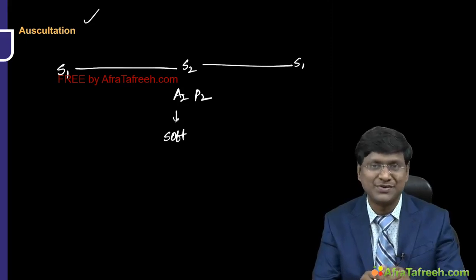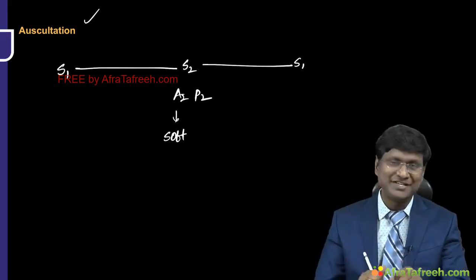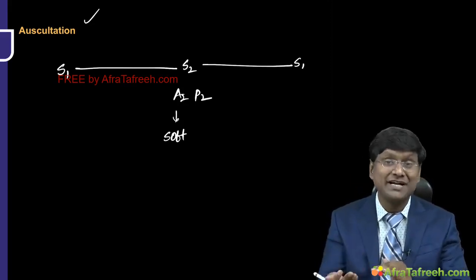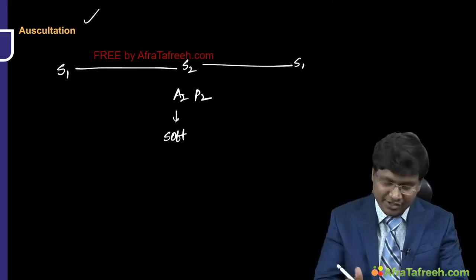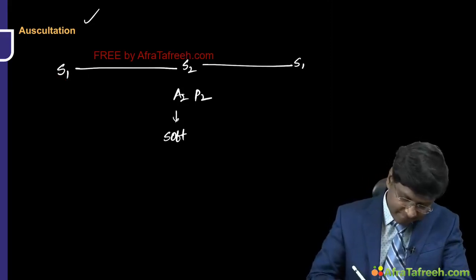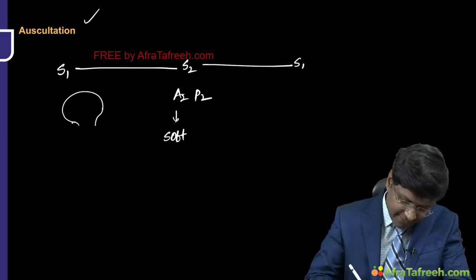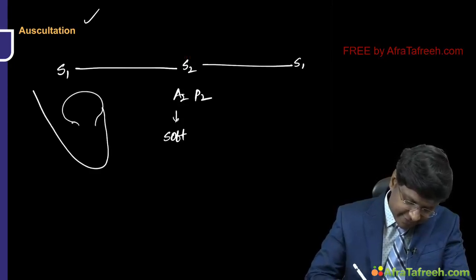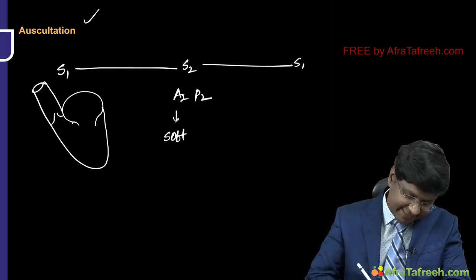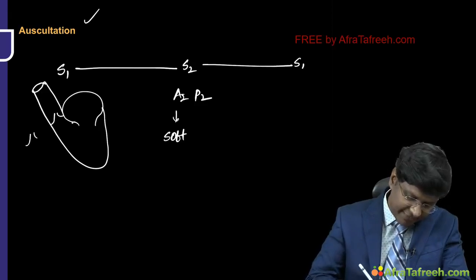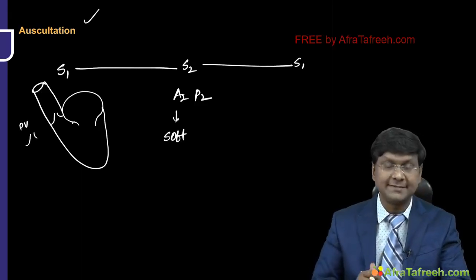the heart sounds. As the severity of the aortic stenosis increases, what happens is, you see here, this is the left atrium and this is the left ventricle giving rise to the aorta, and this will be the aortic valve. And here you have the pulmonary valve on the right side.